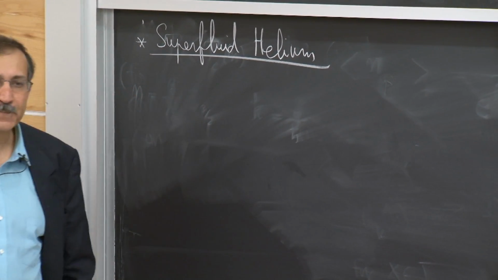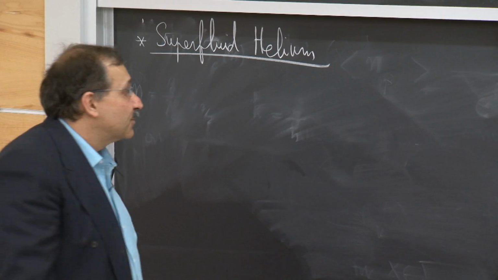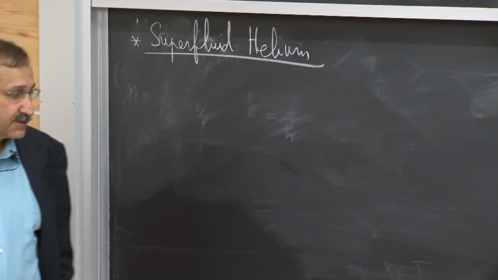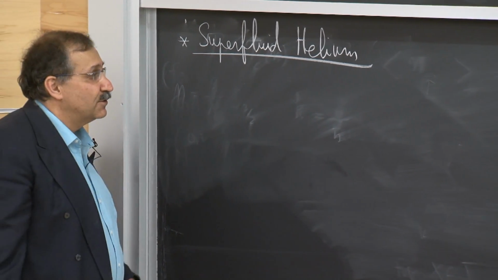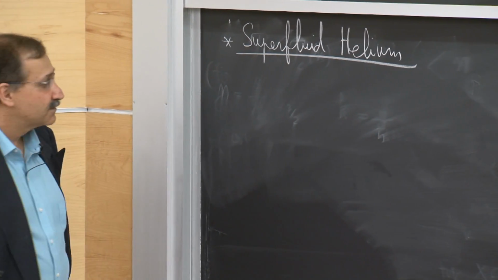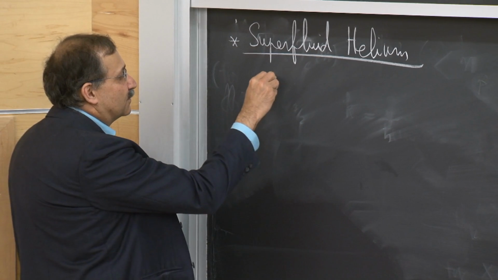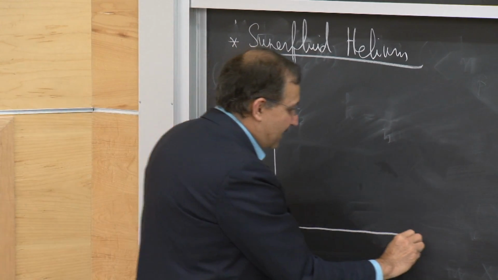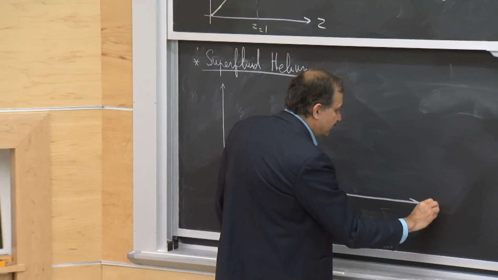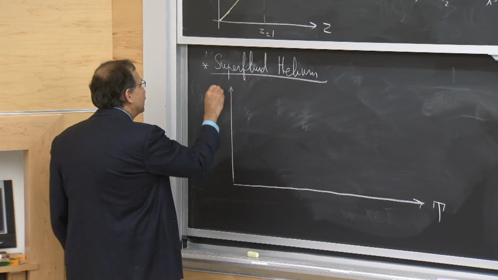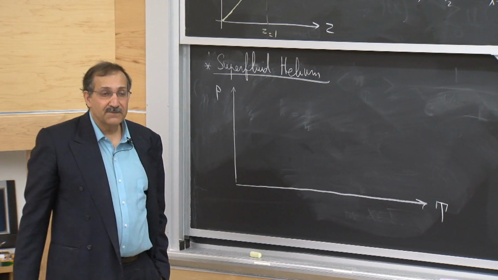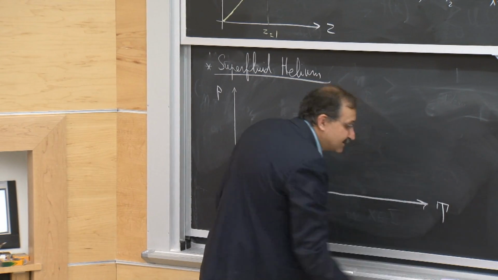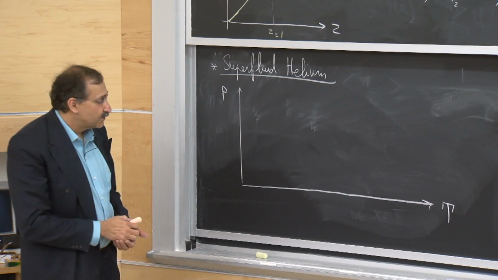Okay. So the first thing that is very interesting about helium is its phase diagram. We are used to drawing phase diagrams as a function of pressure and temperature, which have a separation between a liquid and a gas that terminates at a critical point.